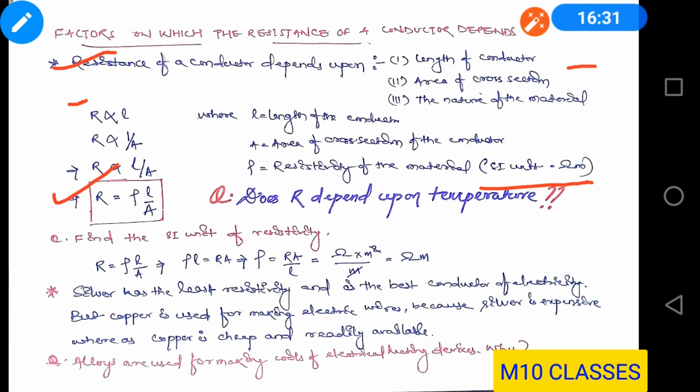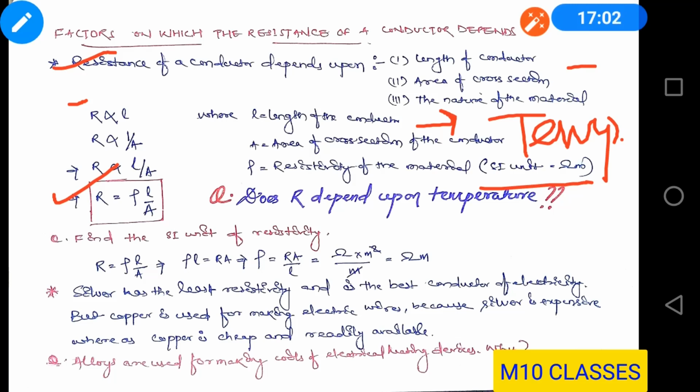When the temperature increases, the resistance of the conductor will also increase. So you can say that there is a fourth factor on which the resistance of a conductor depends, that is temperature. So the four factors are: length of the conductor, area of cross section, the nature of the material, and the fourth one is temperature.